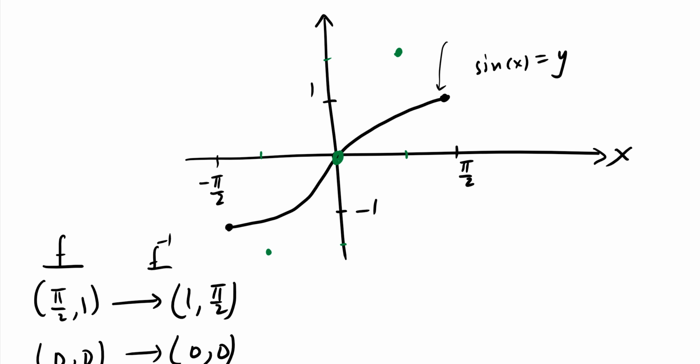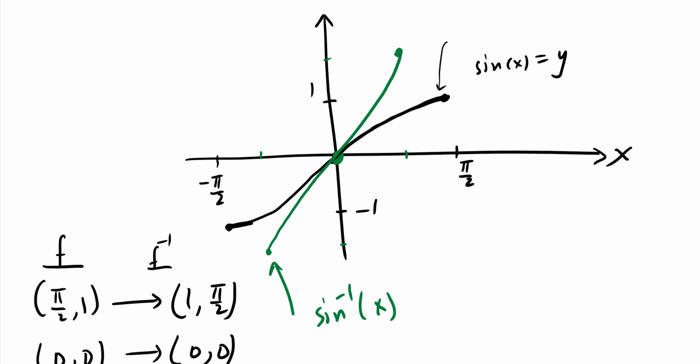Let me just draw this in a more accurate way. And now I'm going to try to graph the next one. The next one is going to go up this way. That's the inverse. That's sine inverse of x. Y equals sine inverse of x.